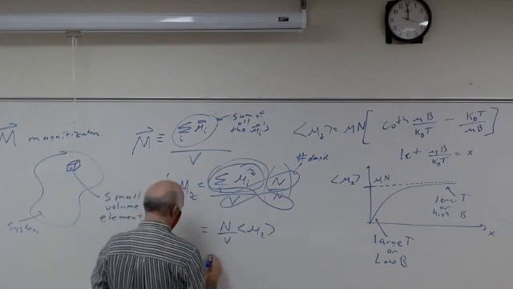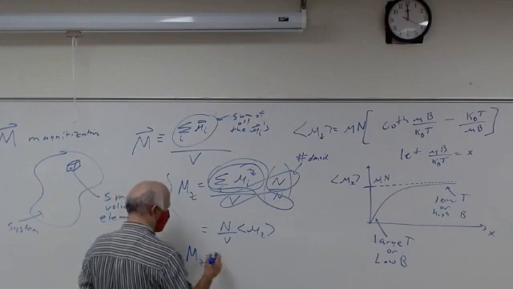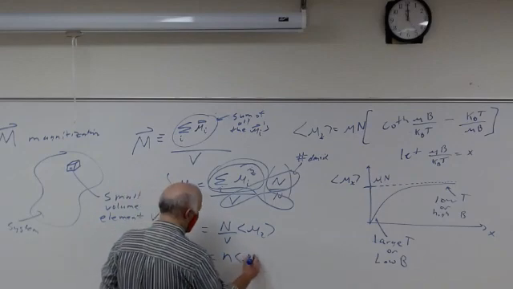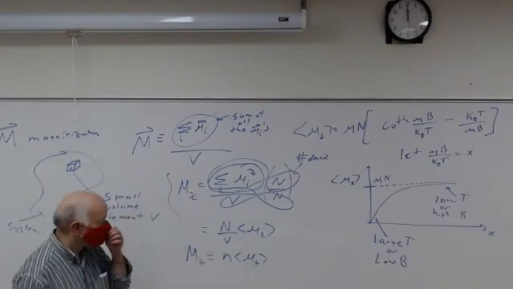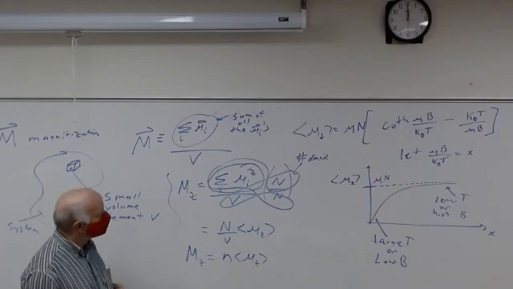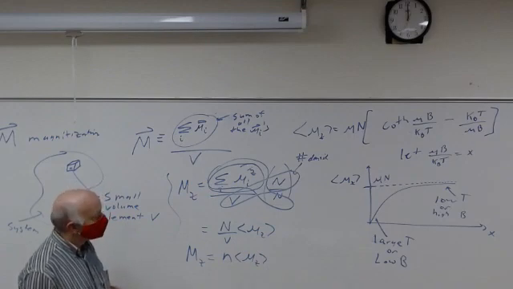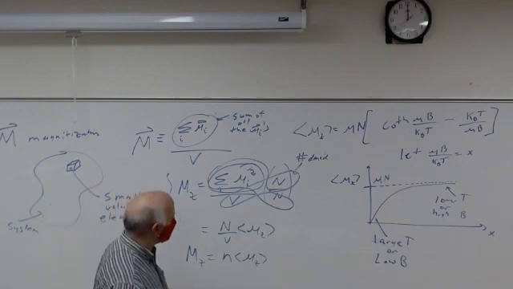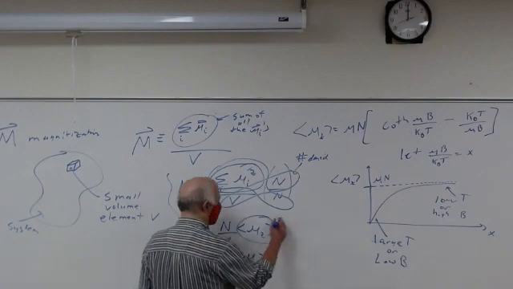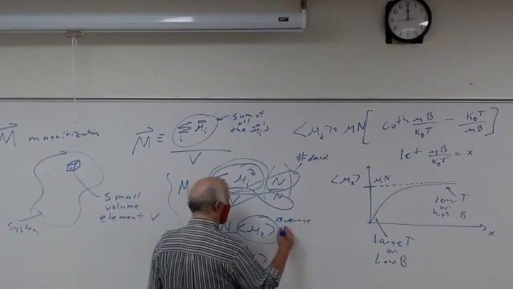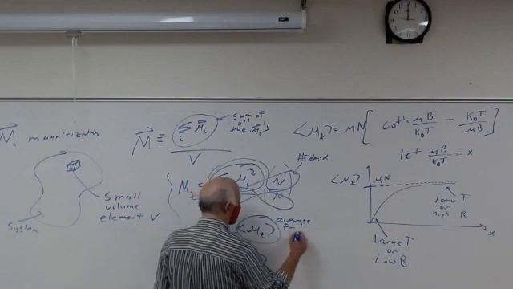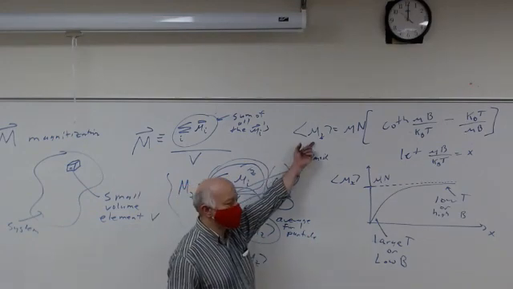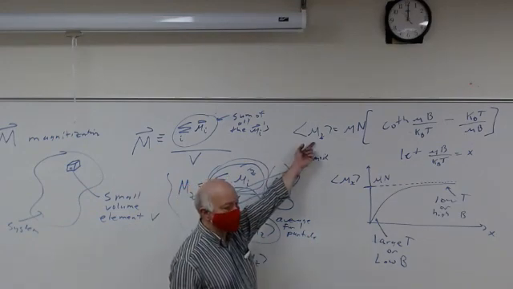Okay. So what we're left with is the number that we call little n. Now in our case here, this is the average for one particle. In this case, this mu z is actually the average for all the particles.